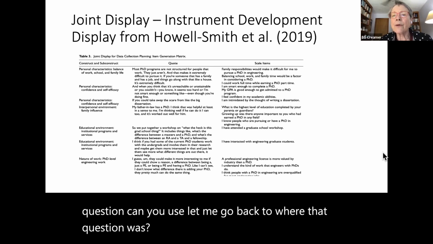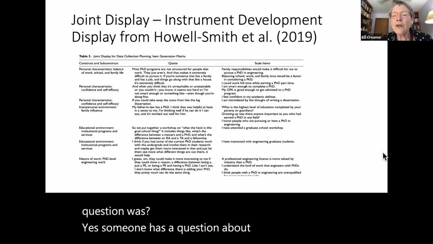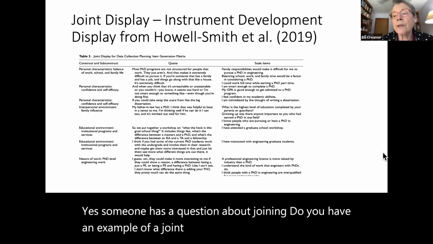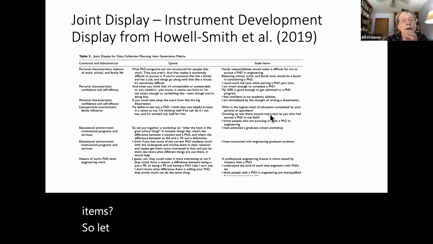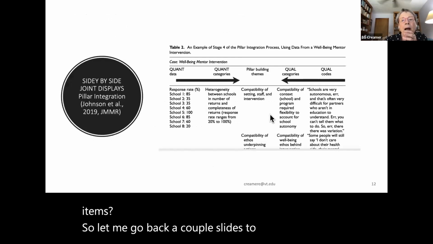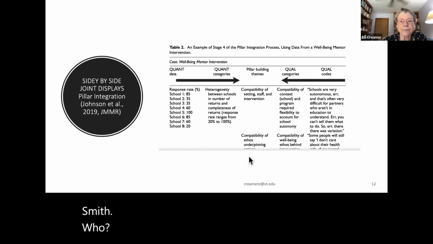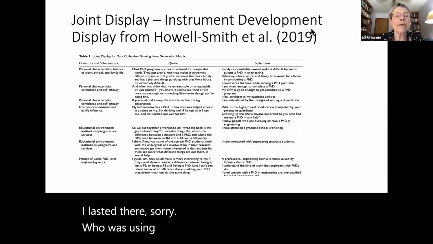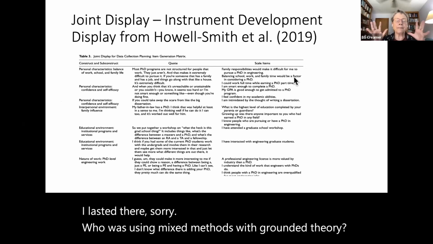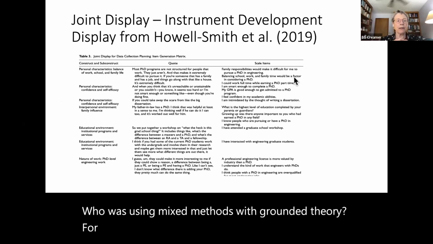Yes, someone has a question about joining. Do you have an example of a joint display from an exploratory study showing how qual data builds into quant survey items? So let me go back a couple slides to this slide from Howell Smith, who was using mixed methods with grounded theory for her dissertation, I believe.